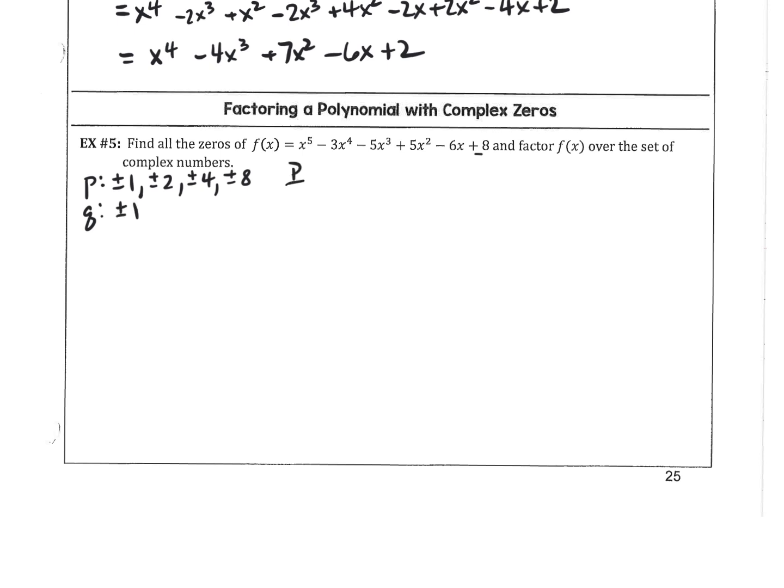So my p over q's are going to be plus or minus 1, 2, 4, and 8. All right, so now we got to find a couple that work. So let's see what we know. Let's try our signs. So we have positive, negative, negative, positive, negative, positive. So we know we have 1, 2, 3, 4 sign changes. So we have 4 or 2 or 0 positives.